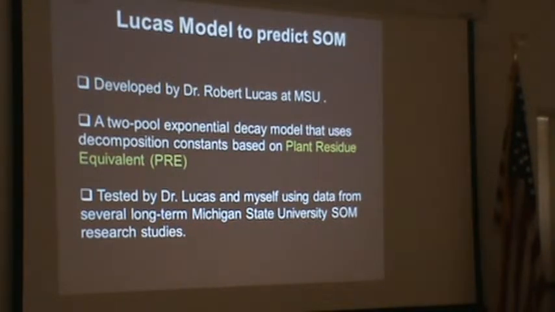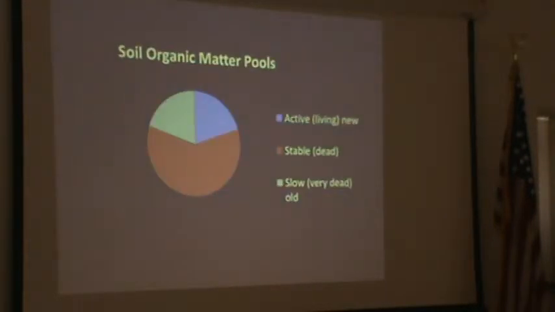He used a couple of long-term studies at Michigan State University he'd been doing with 10, 20, and 30-ton manure. And he developed this model using that long-term data that he had from the Beaten Bean Farm in East Lansing.